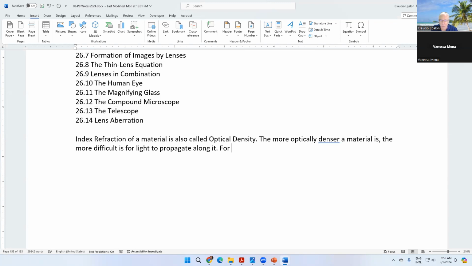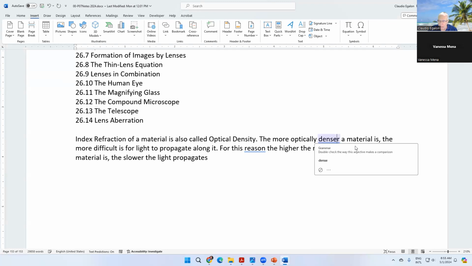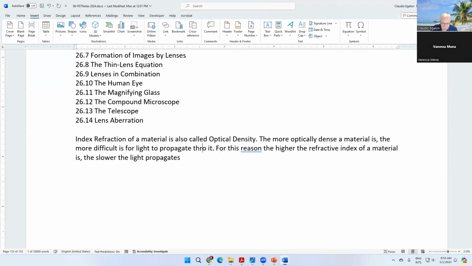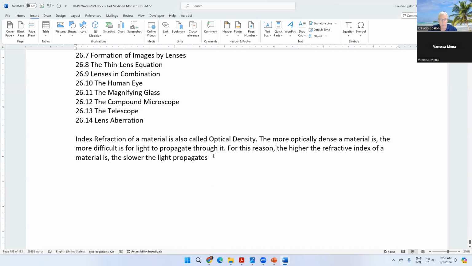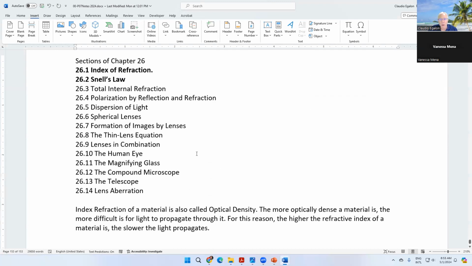So for this reason, the higher the refractive index of a material is, the slower the light propagates. Remember the definition of refractive index, or let's say the definition of optical density.